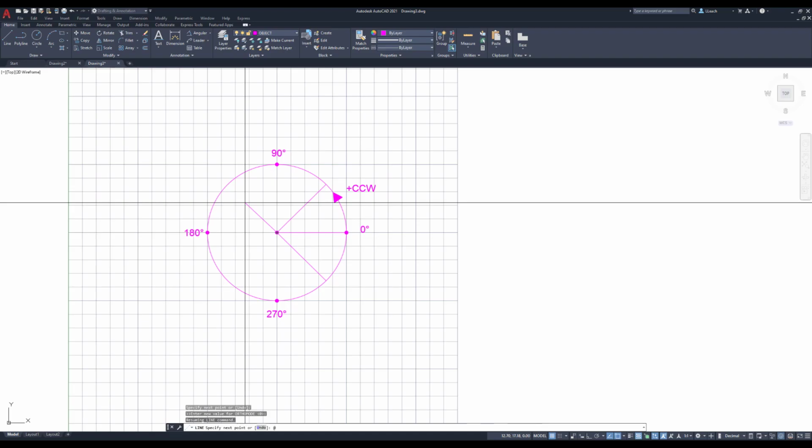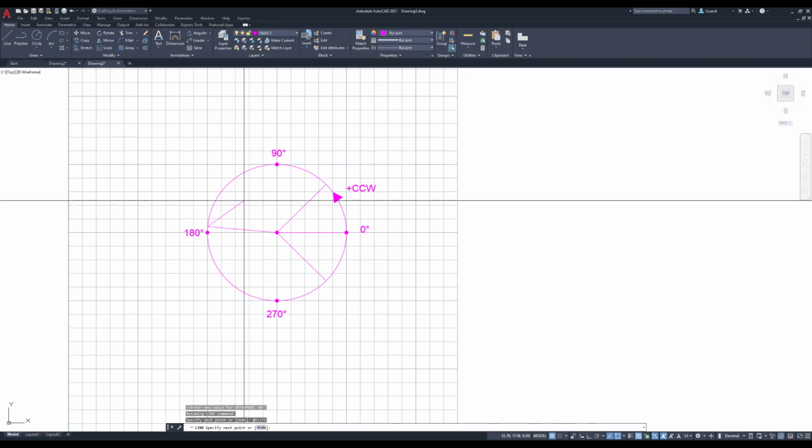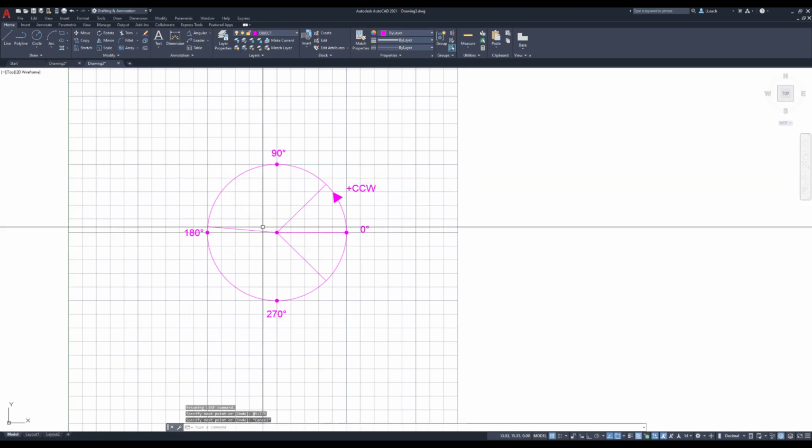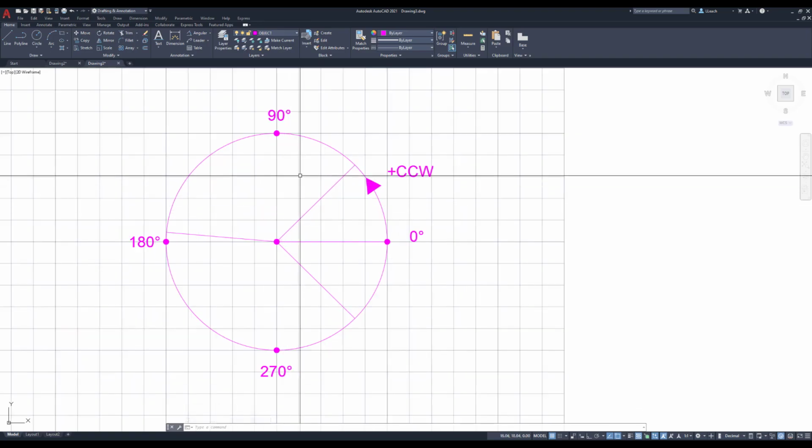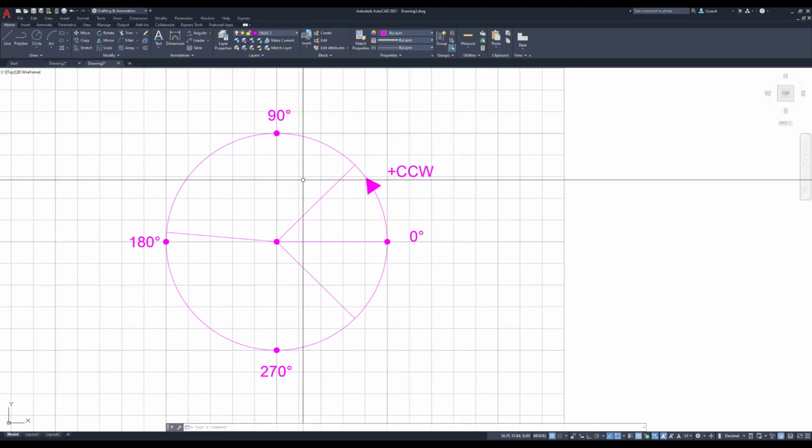Let's do some kind of crazy wild thing. I'm going to go 5 and then an angle of 175. AutoCAD figures out your angles a lot faster than using your triangles and hand drafting tools. Anyway, that's how you do it.